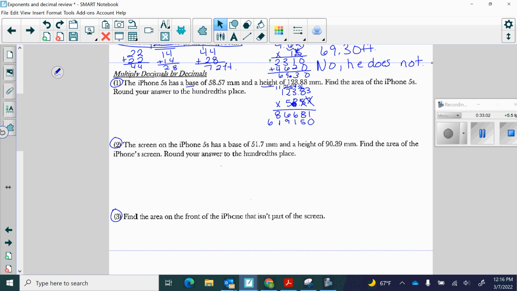I can cross that out, add 2 placeholders. 8 times 3 is 24. 8 times 8 is 64 plus 2 is 66. 8 times 3 is 24 plus 6 is 30. 8 times 2 is 16 plus 3 is 19. And 8 times 1 is 8 plus 1 is 9. I can cross that out. I add 3 zeros or placeholders.